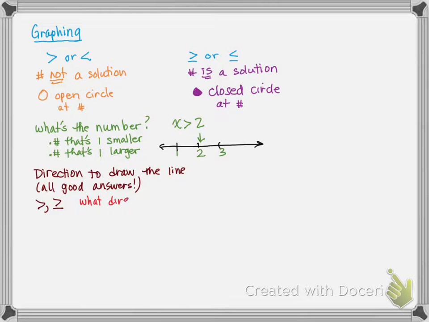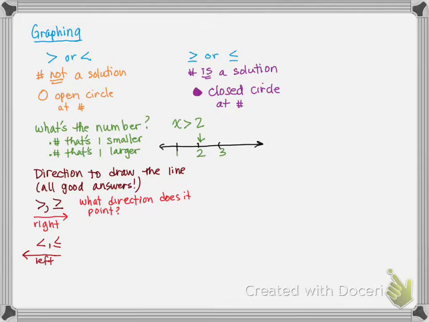What direction does it point? It's pointing to the right, and that's exactly the direction you're going to draw your line on the number line to look like the inequality. Then the other direction is going to be less than or equal to, and it's pointing to the left. Okay?